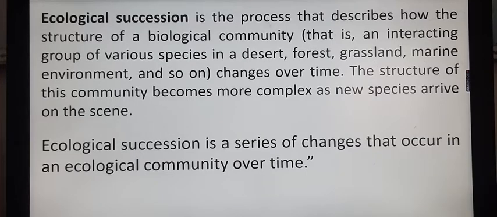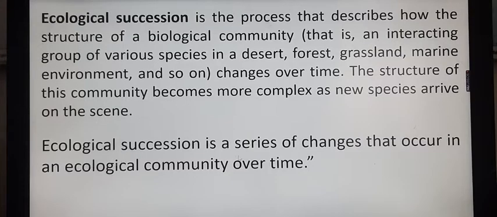So it is describing how the biological community is coming up in these areas and how it changes over time. Means the species which were there on that place in previous time may not be present at the present time. So the structure of this community becomes more complex as new species arrive on the scene.